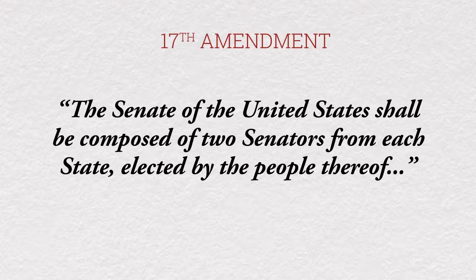If state legislatures pick senators, senators will probably care about states' rights, states' interests, and state authority, because state legislators care about those things. But if the people pick senators, senators are much less likely to care about the states because the people generally don't. So now the senators represent people, not states. And that makes the federal government very different in terms of how much weight it gives to states' interests. Much less now than the framers anticipated.